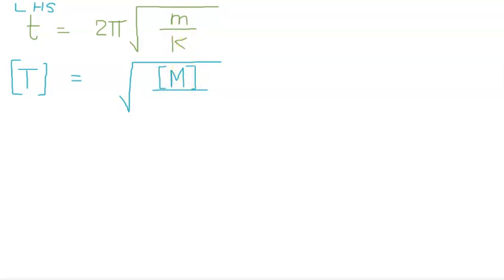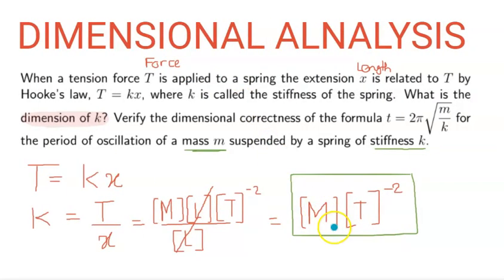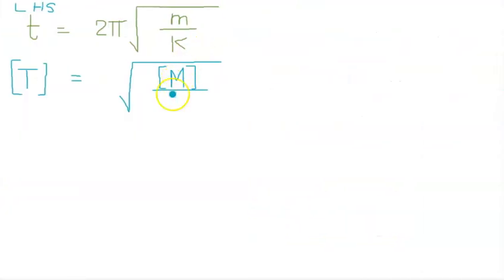Now dimension for the K, you need to go back: M T minus 2. So that will be M over M T minus 2. The M and the M will cancel out, and you are left with T minus 2.